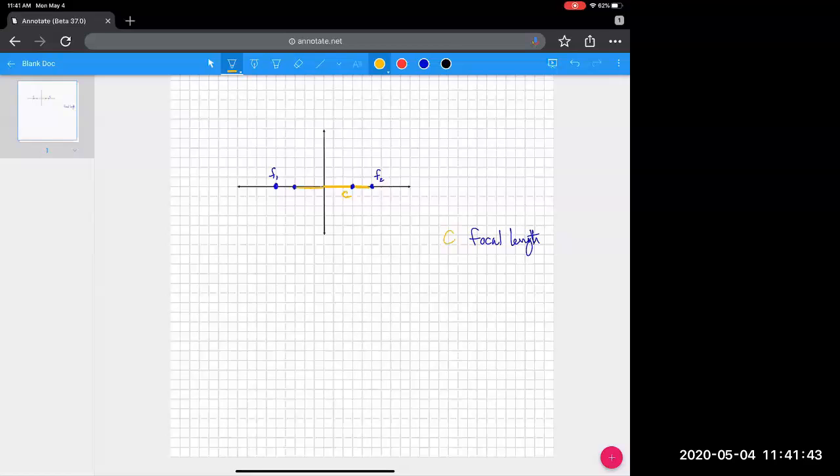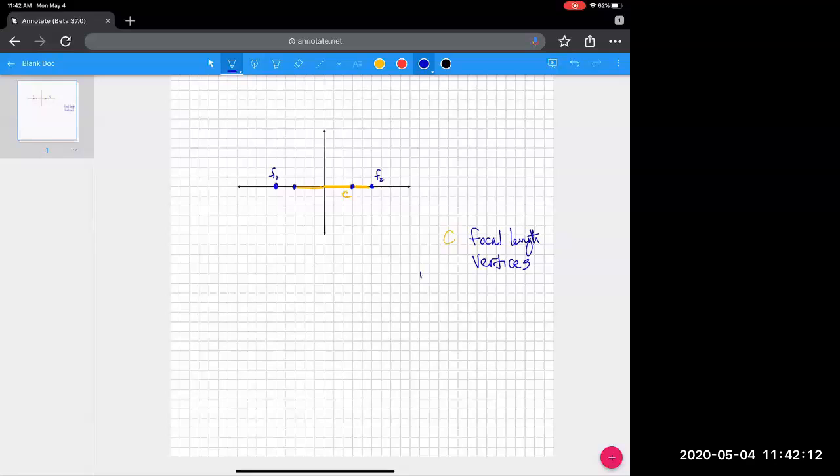So first of all, these points are also called vertices. So the center points of a hyperbola, the points that are closest to each other on the two arcs, are called vertices. Again, that's the plural for vertex. So there's a vertex on the right and a vertex on the left.